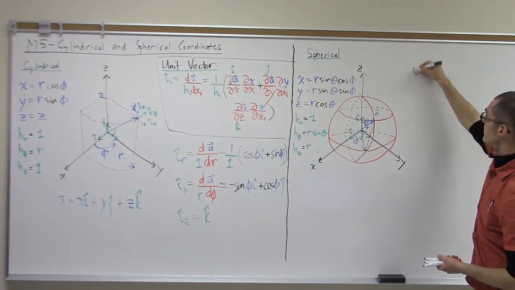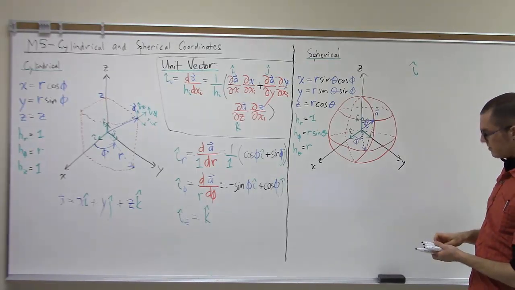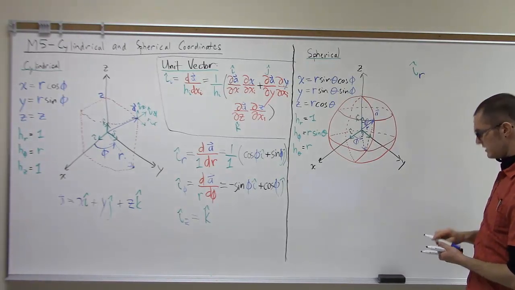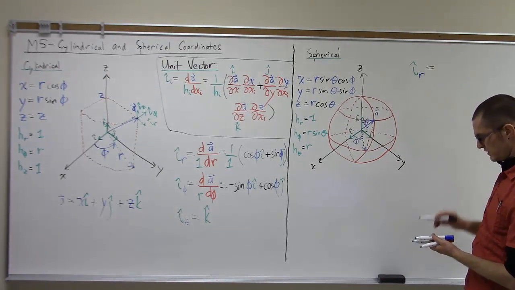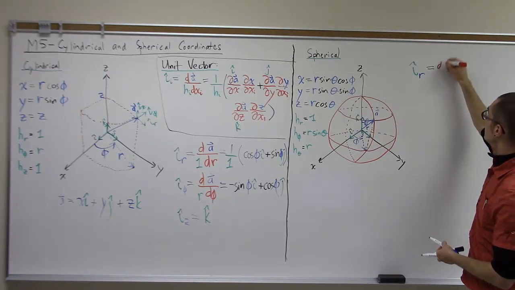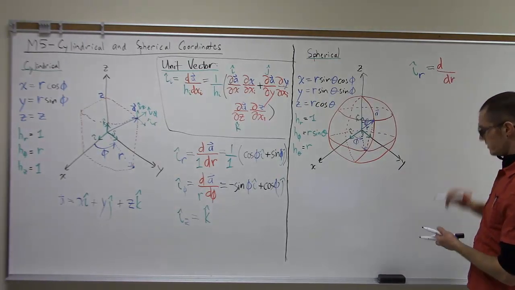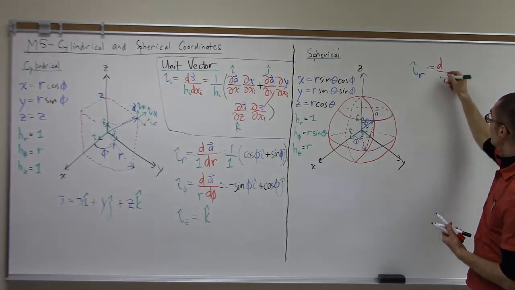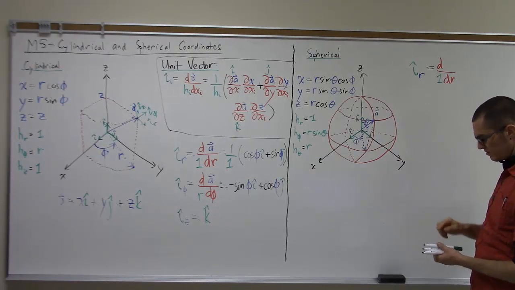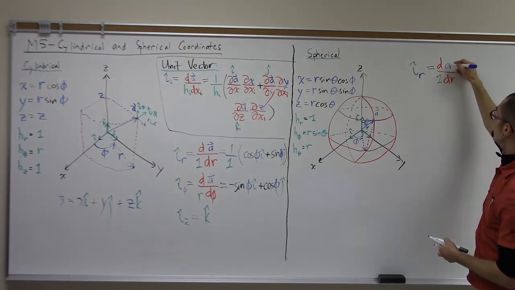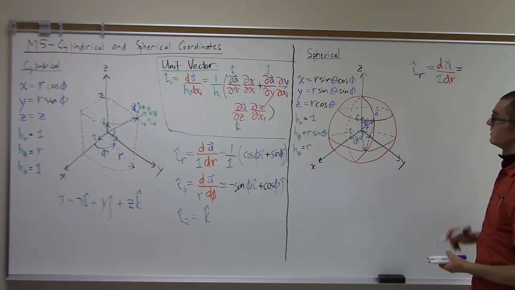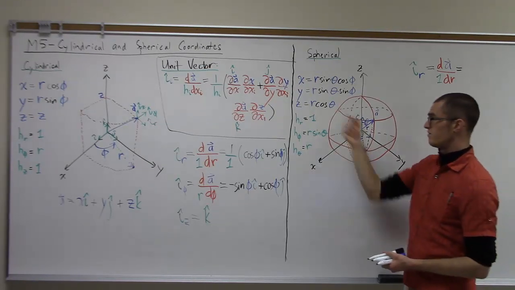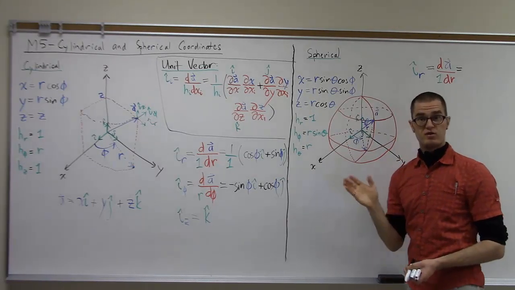So if I say i sub r here, it's d by dr. The scale factor for r in this coordinate system is 1. So now I'm going to have non-zero components for all parts of this vector.